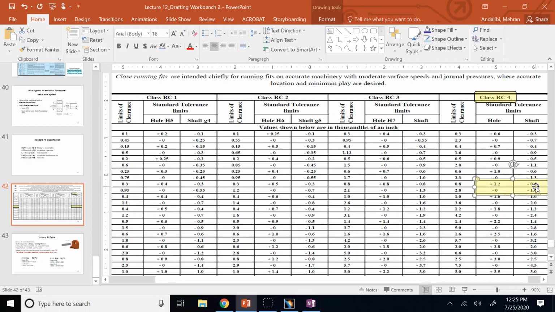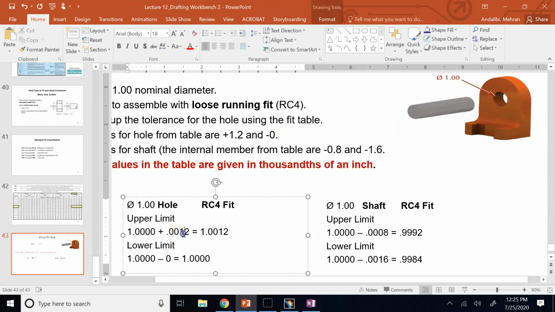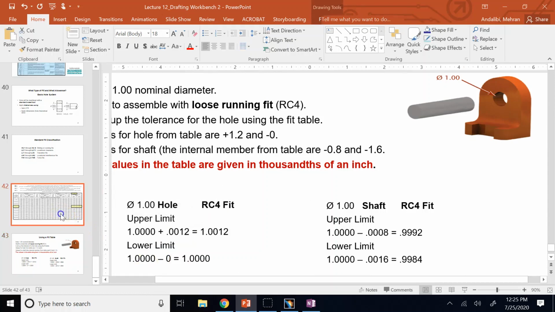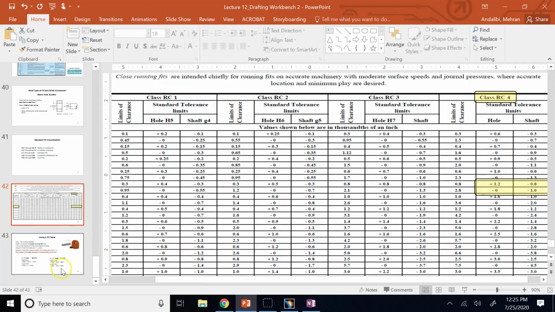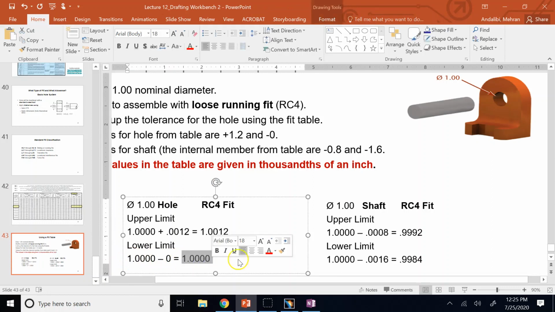So these numbers that you see in these tables, they are all in thousandths. They should all be multiplied by 10 to the negative 3 to be used. So that 1.2 here is multiplied by 1 over 1,000. So that is the actual number, and then add it to 1. And then 0, doesn't matter what you multiply it by, minus the number is your lower number.